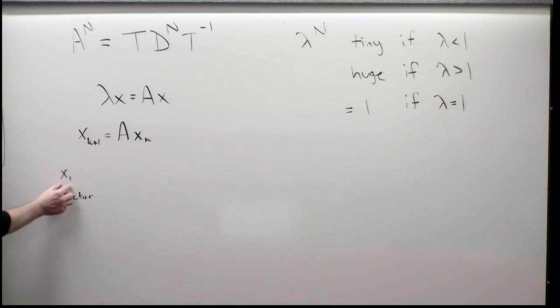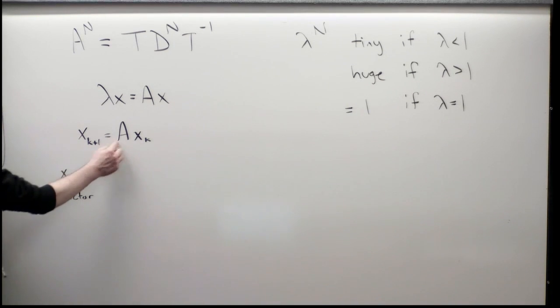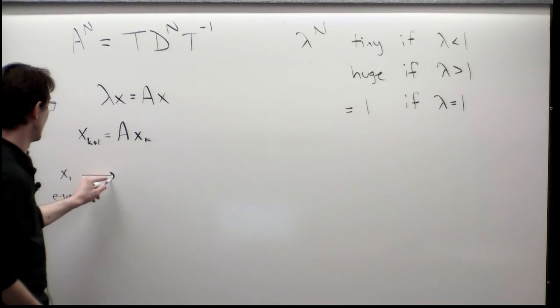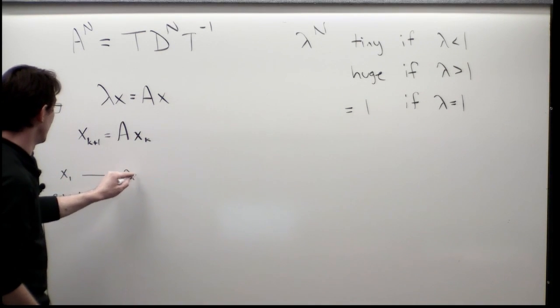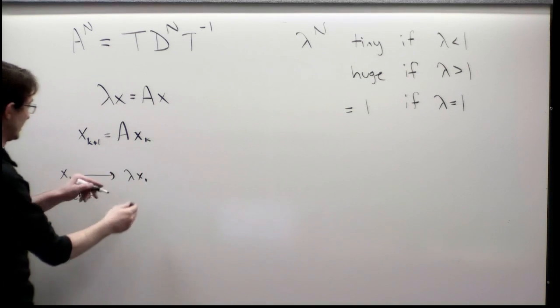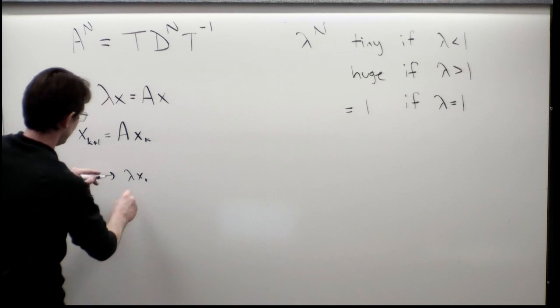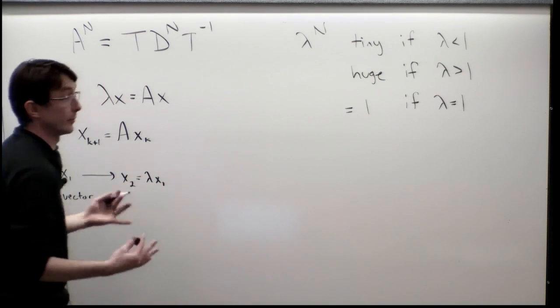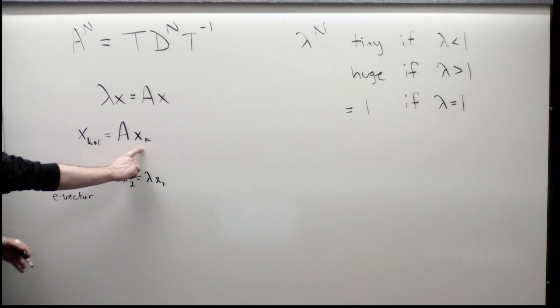Okay, so if x1 is an eigenvector and I multiply it by A, that's the same as multiplying it by lambda. So this goes to lambda x1. Now, x2 equals lambda times x1. Okay, that's what this map is saying.